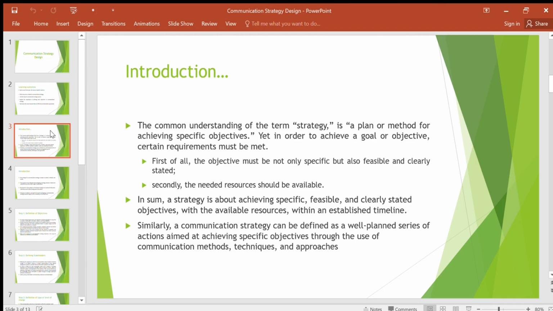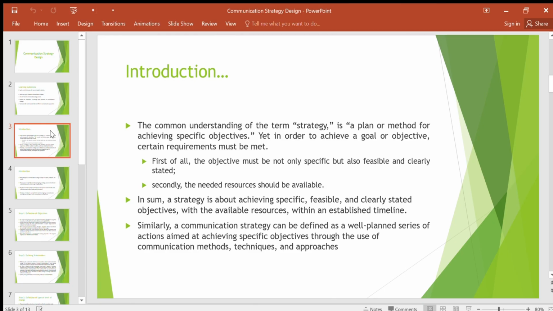Strategy is a plan or method for achieving specific objectives. Yet, in order to achieve a goal or objective, certain requirements must be met. First of all, the objective must not only be specific but also feasible and clearly stated. Secondly, the needed resources should be available.